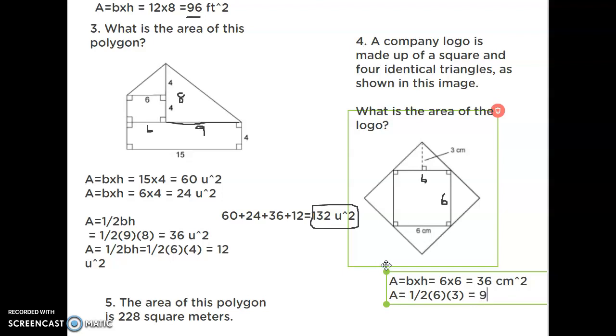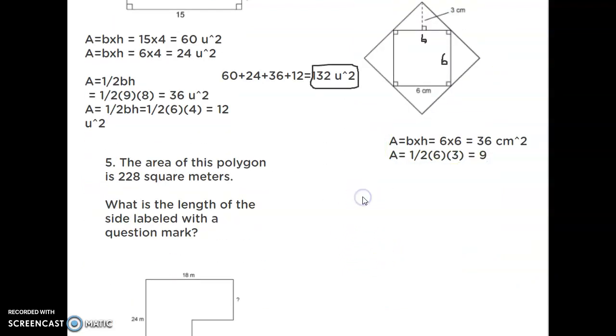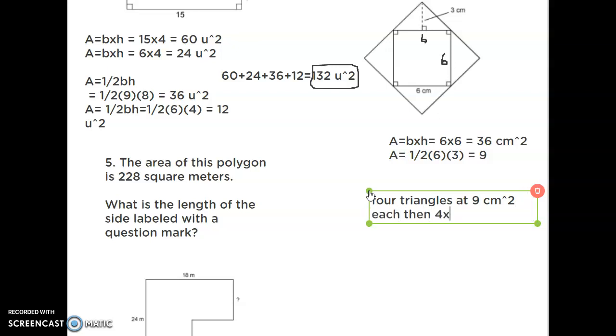And we have 4 of those. So if we have 4 triangles at 9 square centimeters each, then 4 times 9 would give us 36. So our total for the triangles would be 36 square centimeters.